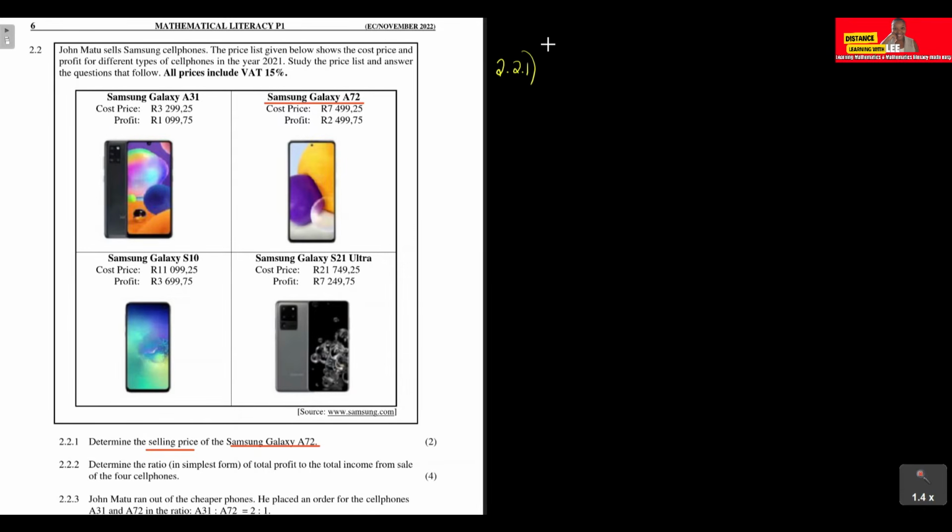To determine a selling price, we know that profit is calculated by taking your selling price minus the cost price. The selling price is how much you are selling your product for, and then minus your cost price.